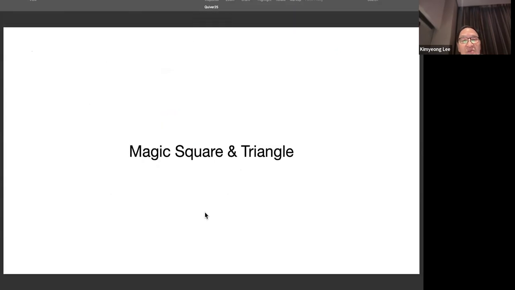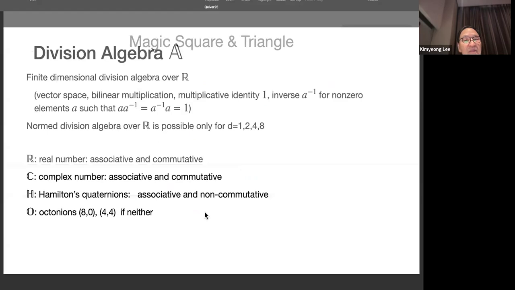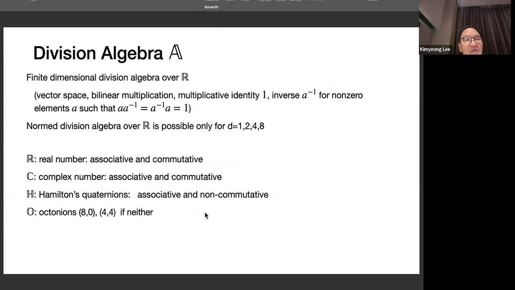So let me now introduce the magic square and triangle. The magic triangle starts from the study of division algebras, which we learned in high school or maybe in college days, which are finite dimensional division algebras over the real numbers. A division algebra is a generalization of the real numbers and complex numbers.